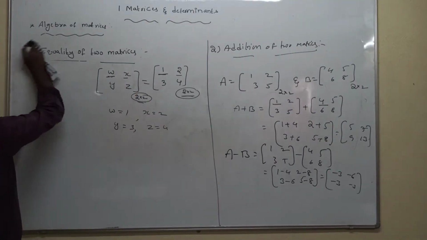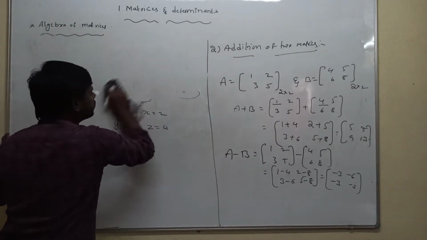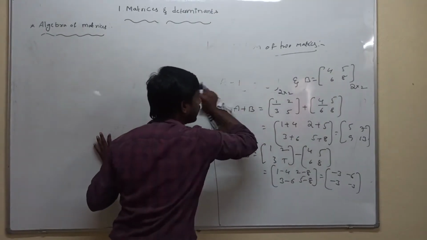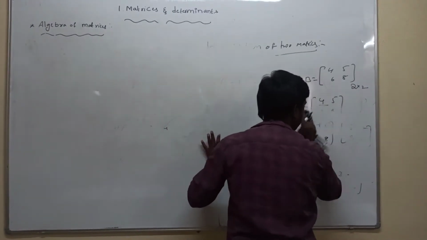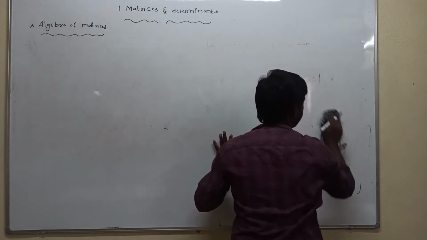The third one is scalar multiplication of a matrix.